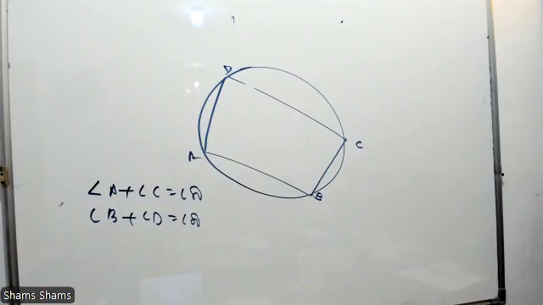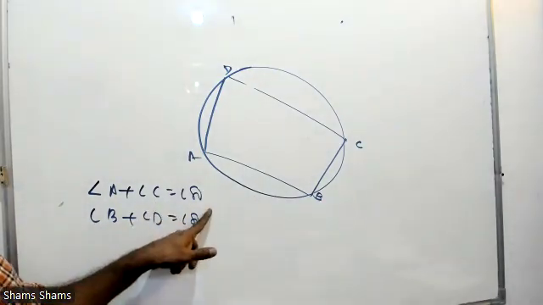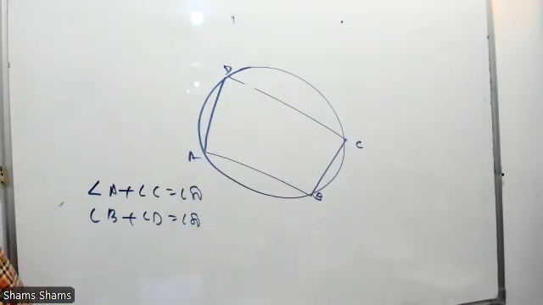Okay, listen. One more last point. If the sum is 180, then what? It is a cyclic quadrilateral. That is the converse.